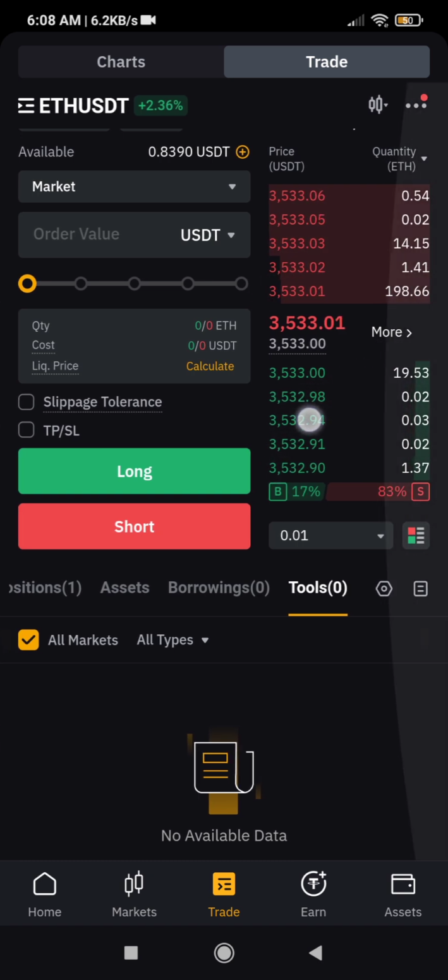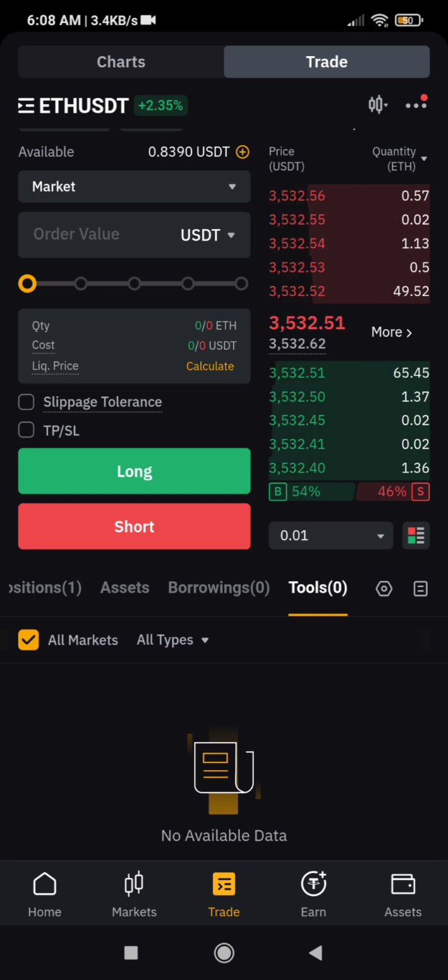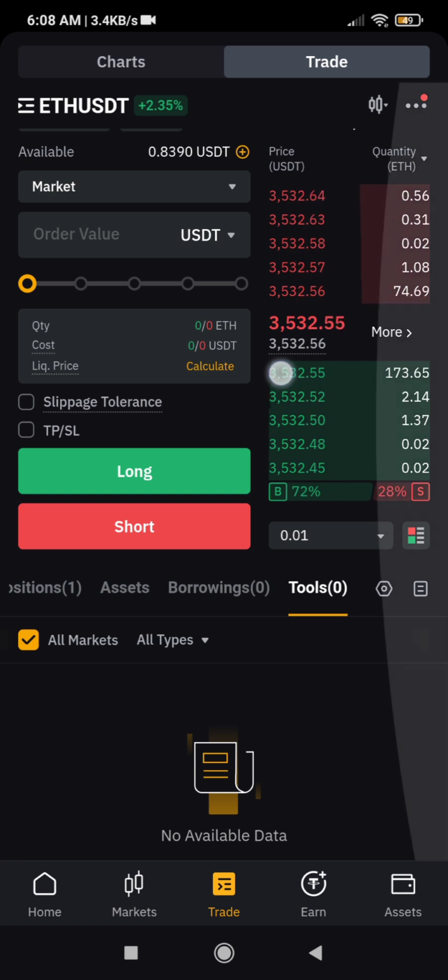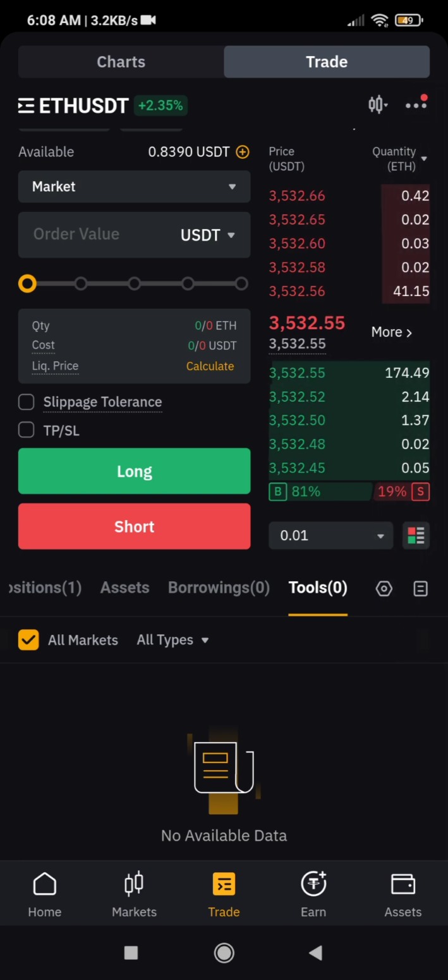They are the ones you are seeing greenish over here. The person that wants to buy at this current price of 3,532, you are seeing 0.5. He has about 15. It may not be one person. There could be a lot of other people making orders that want to buy at this current price, close to the market price.